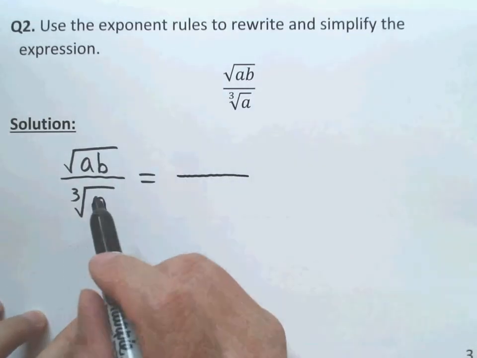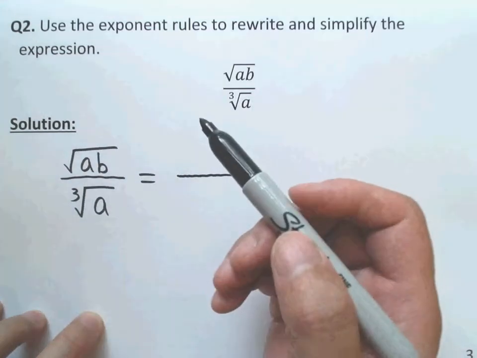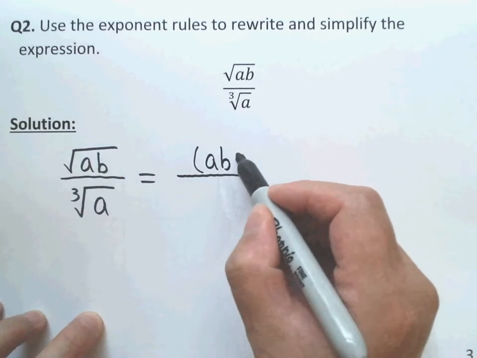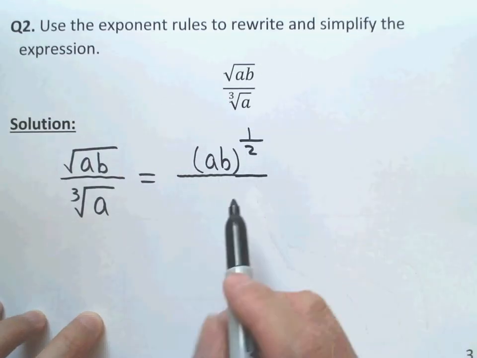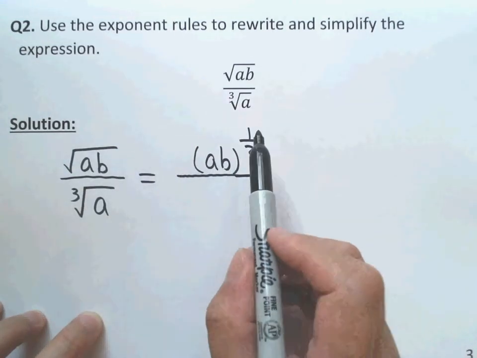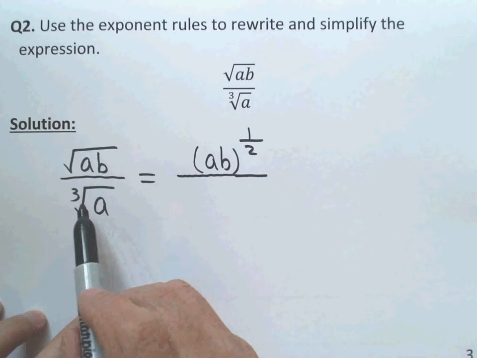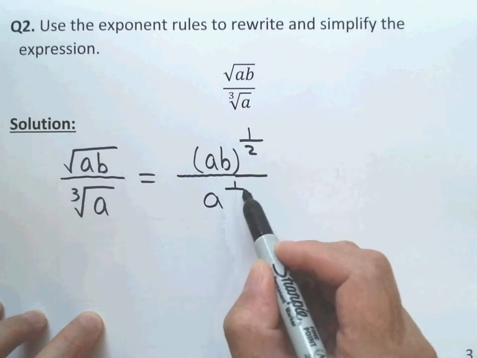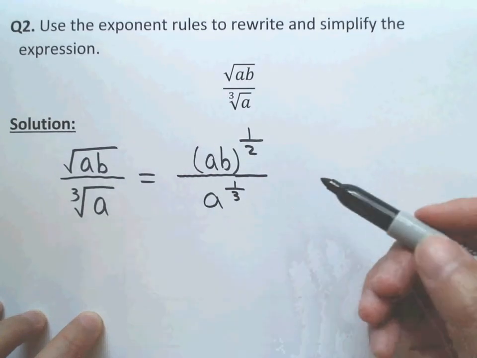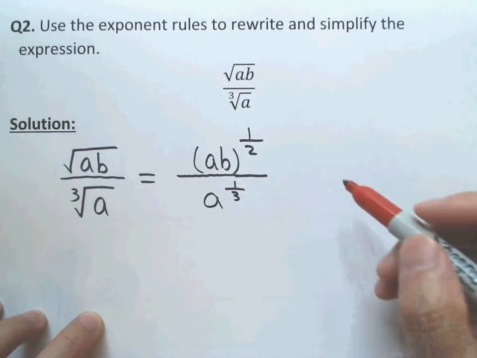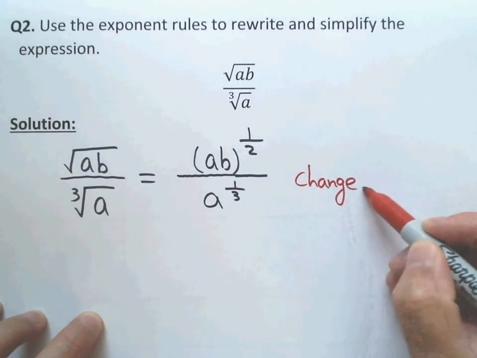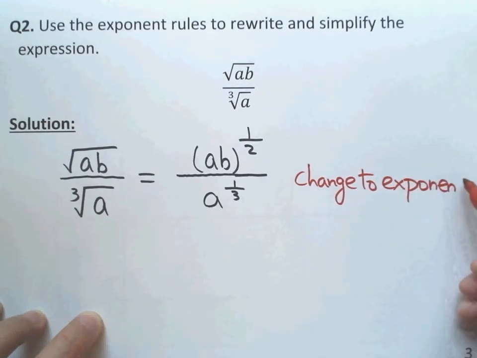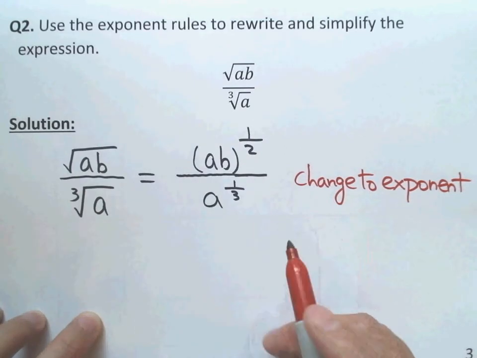So we change the radical into a power. What is the power for a square root? It is 1/2. A square root is something raised to the power of 1/2, and a cube root is something raised to the power of 1/3, so a raised to the power of 1/3. We change it to exponents, and then we can use the rules we learned.